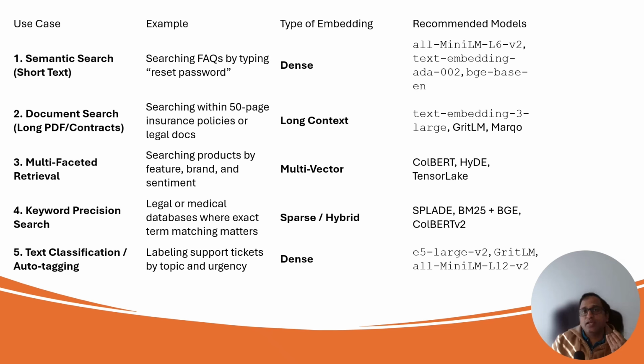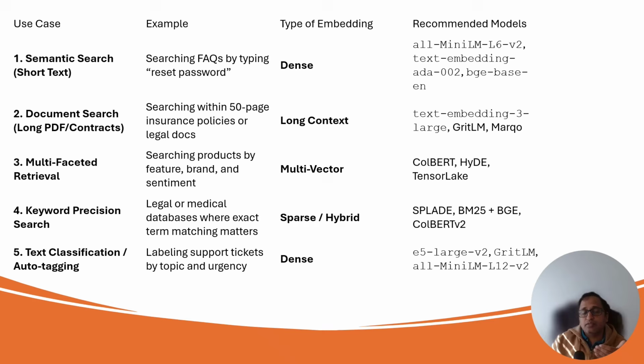Next, we'll look at the multi-vector use case. Say you're building an e-commerce search engine. A customer searches for comfortable red running shoes under $100. You are not just looking for a keyword match, you want to match the intent, the attributes, the category, and even the tone if there are some reviews involved.